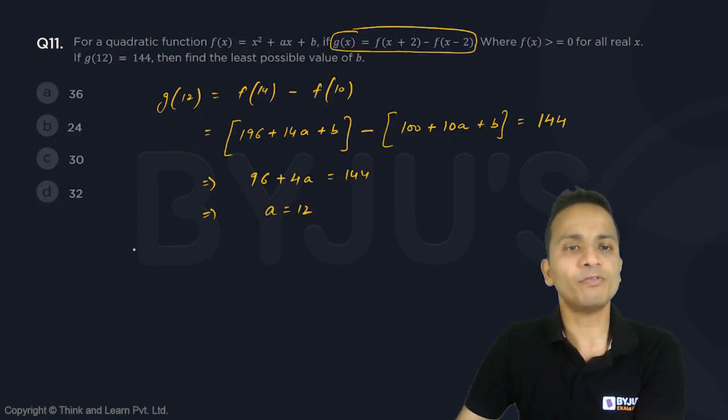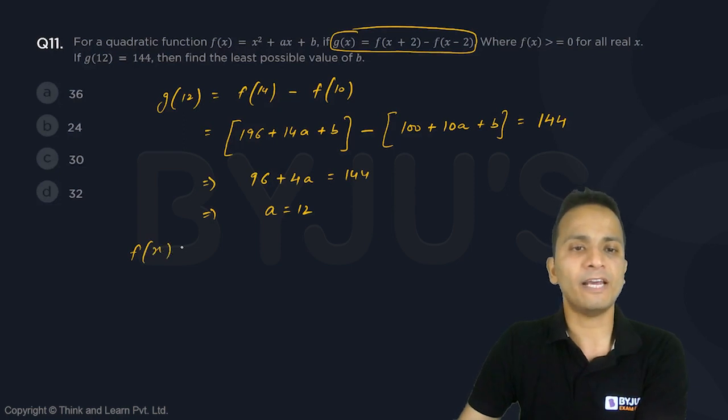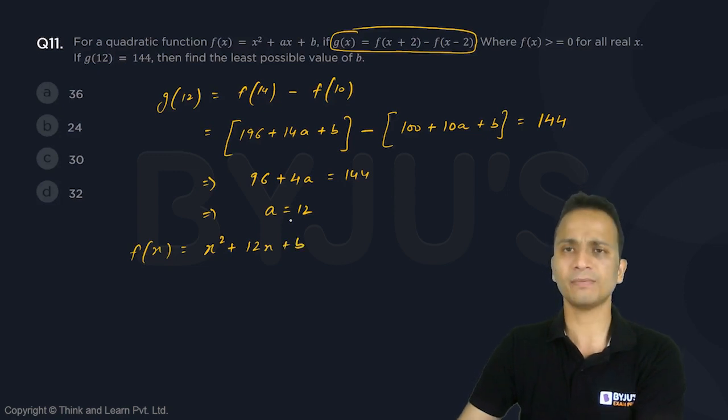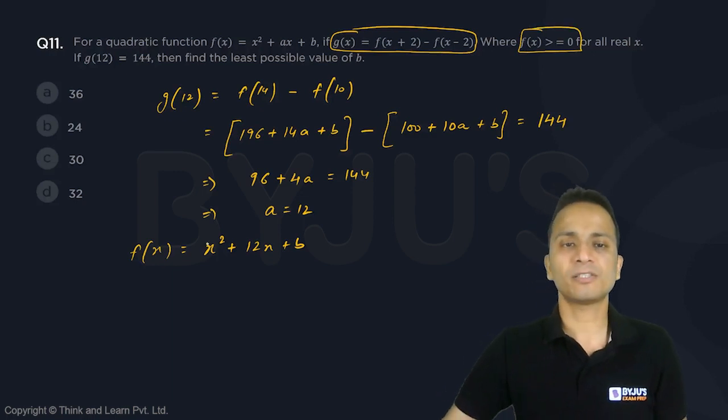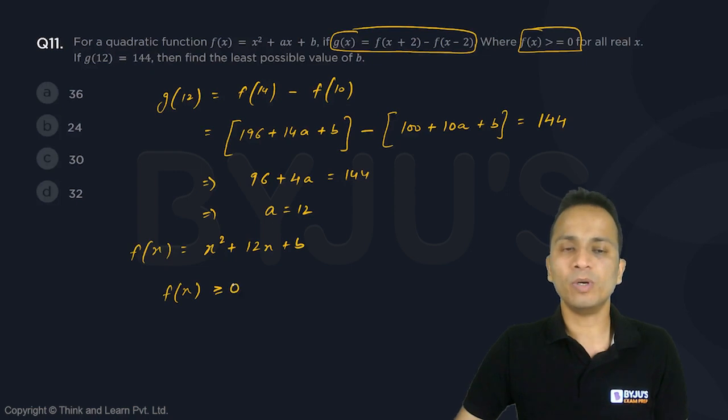Now if the value of a is 12, I can say that the function f(x) will be x square plus 12x plus b. It is also given in the question that the function f(x) is always greater than or equal to 0.